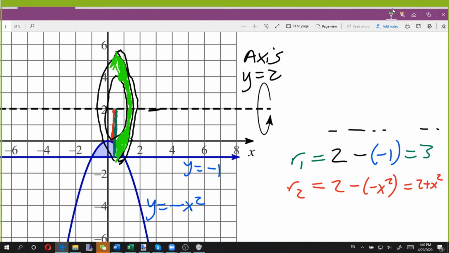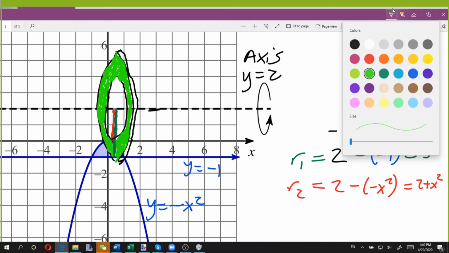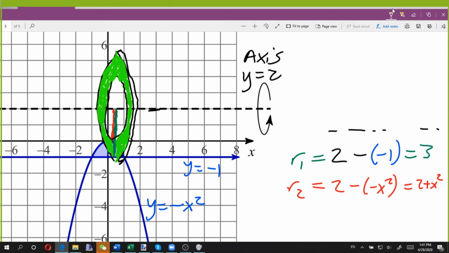With our radius still showing in the dark green. And then here in red, or peach rather, so I can keep our radius showing, is the small hole we're going to cut out of it by subtracting this smaller area from the larger one.